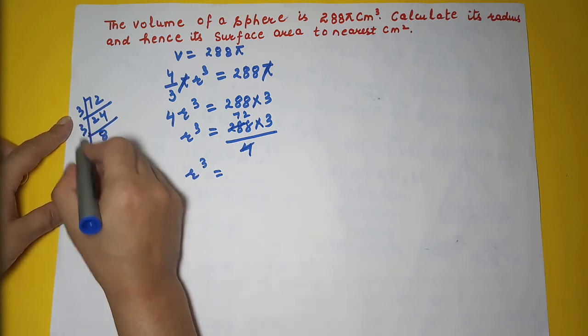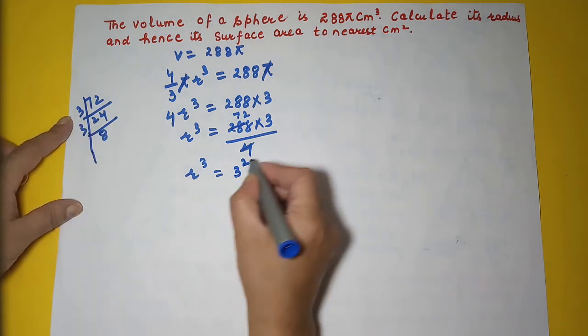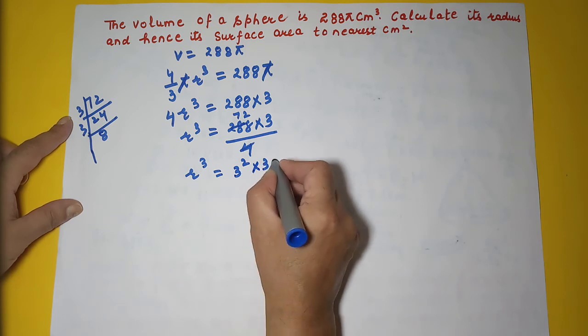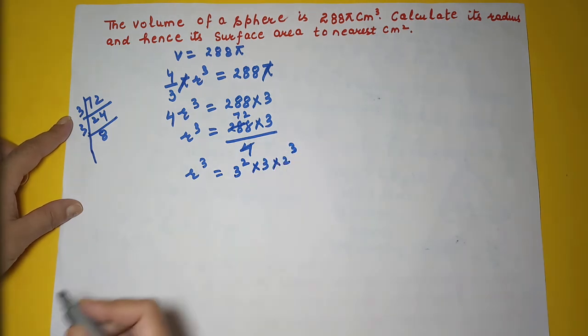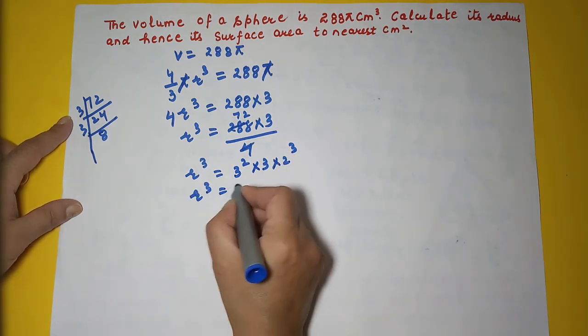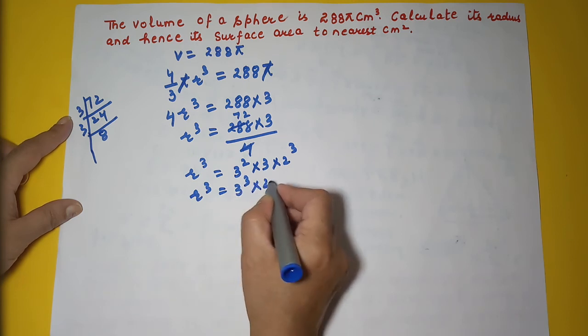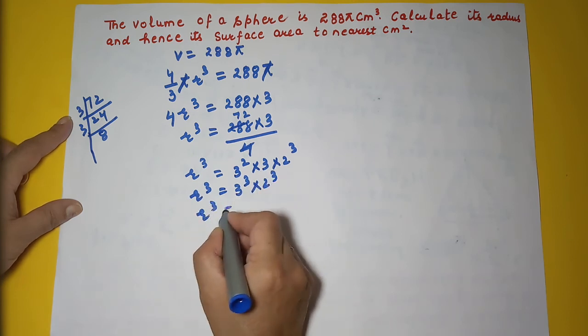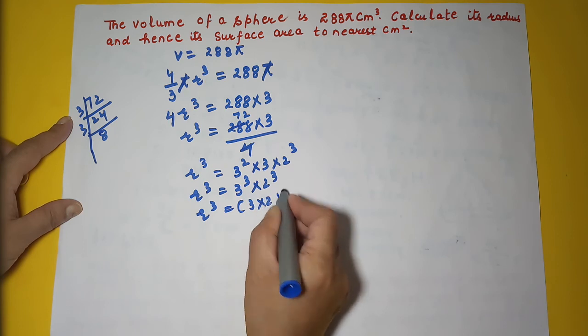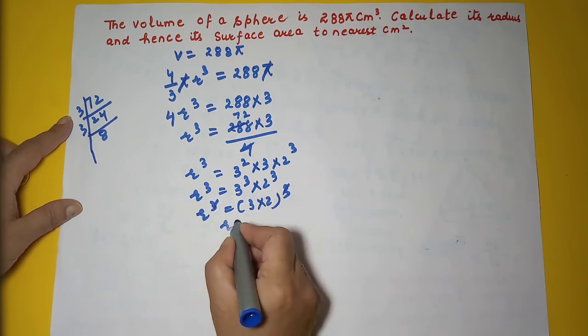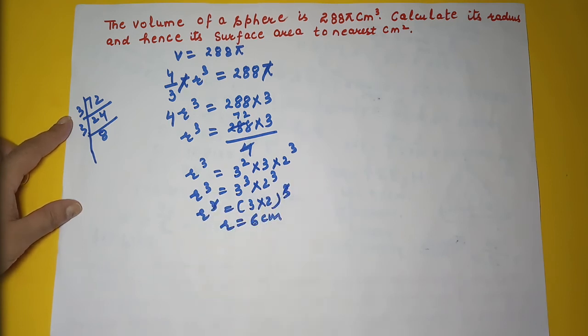So you will have 3 square and 2 cube, 3 square and one more 3, and then you will have 2 cube, right? So r cube is equal to 3 cube into 2 cube. So your r cube is equal to 3 into 2 whole cube. Cube and cube will go. Your r is equal to 6 centimeters. Fine, you have found the r.